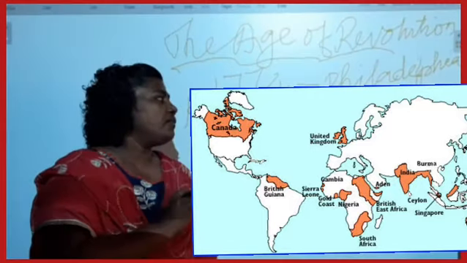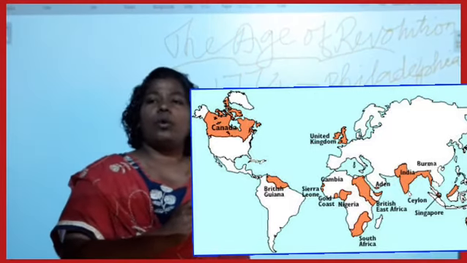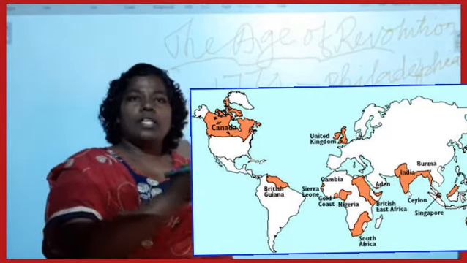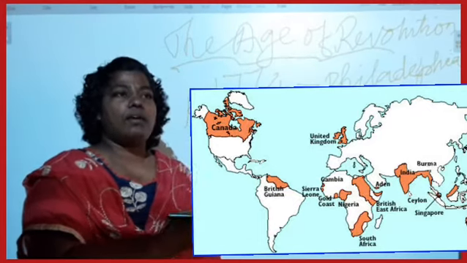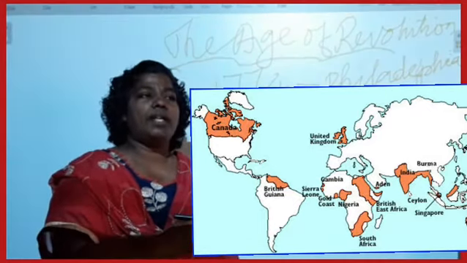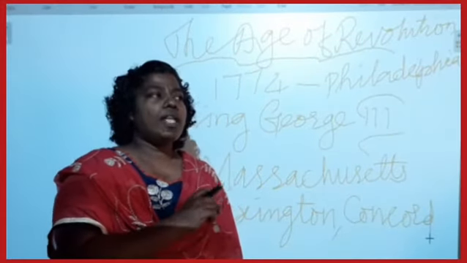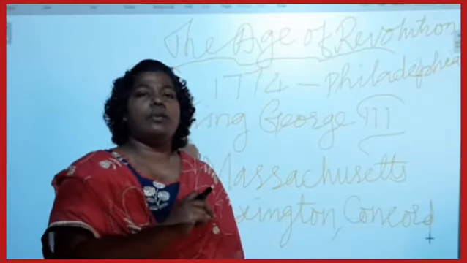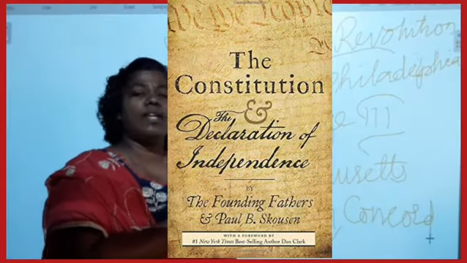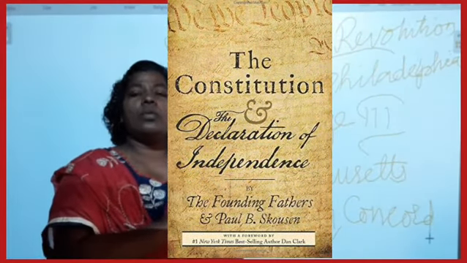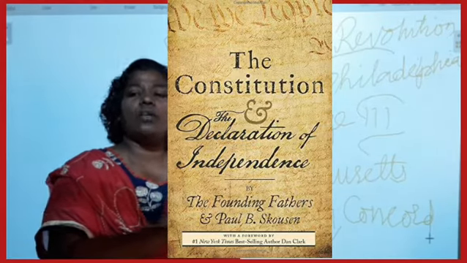Secondly, the United States formed its own form of government, so they started writing their own constitution. The second result was the beginning of a written constitution.